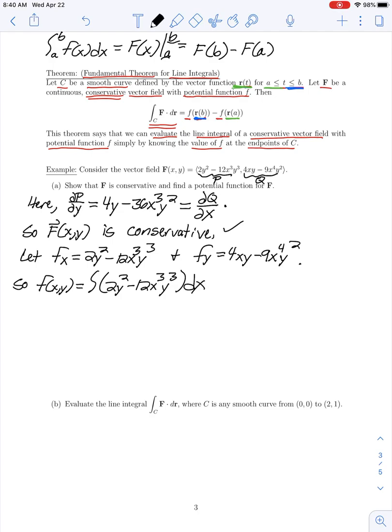So here, finding our antiderivative of this function with respect to x, we have 2xy squared minus antiderivative of 12x cubed is going to be 3x to the fourth times my constant y cubed on the end, plus a constant with respect to the variable x, which would be any function that depends only on y.